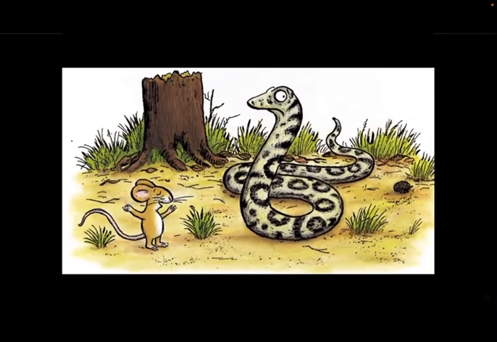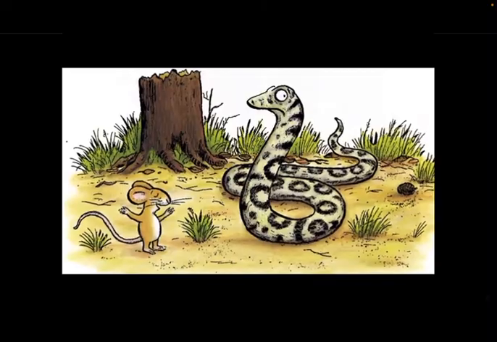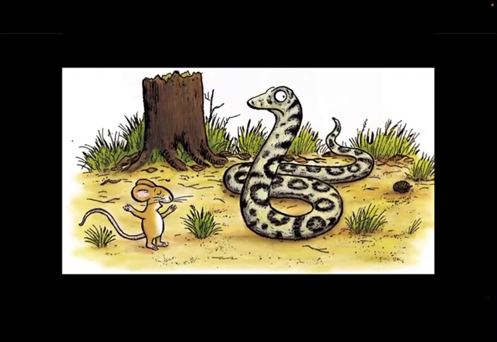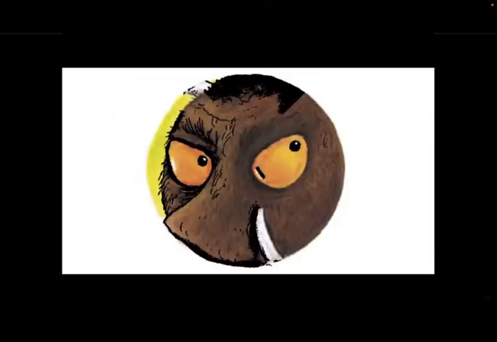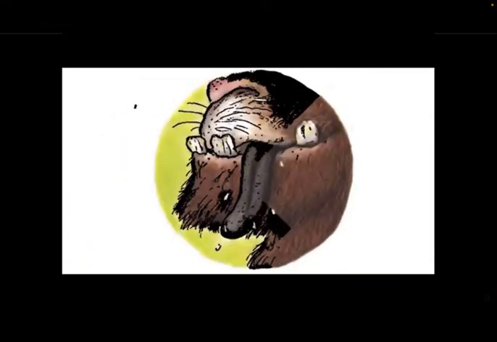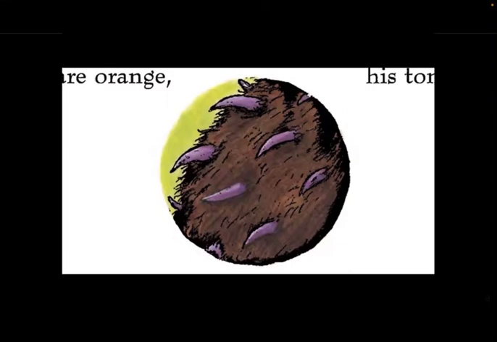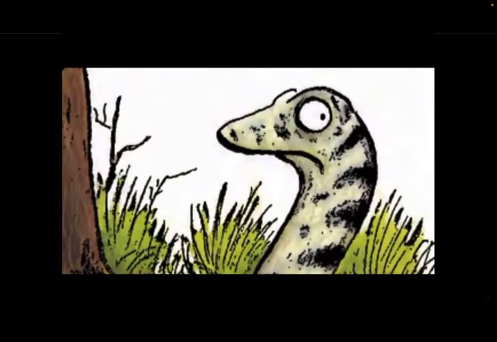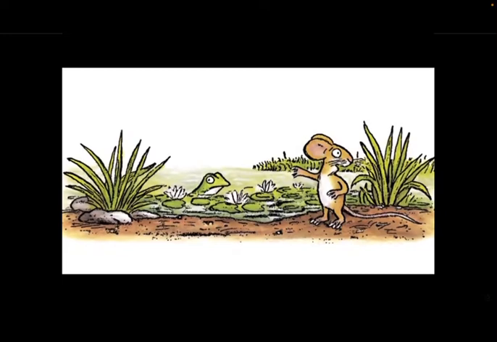What's a Gruffalo? A Gruffalo? Why? Didn't you know? His eyes are orange, his tongue is black. He has purple prickles all over his back. And where are you meeting him? Here, by this lake.